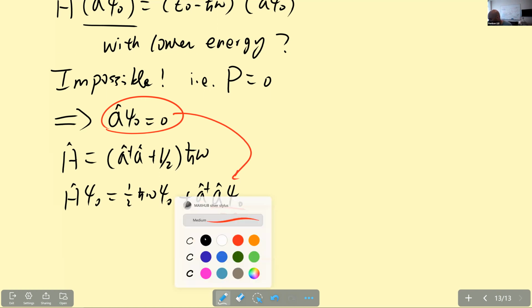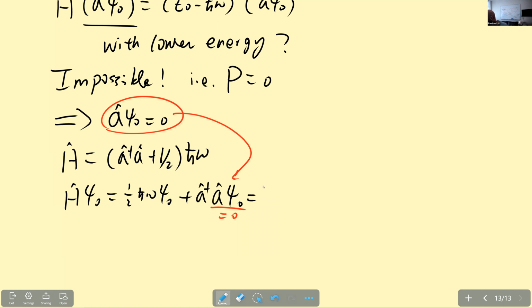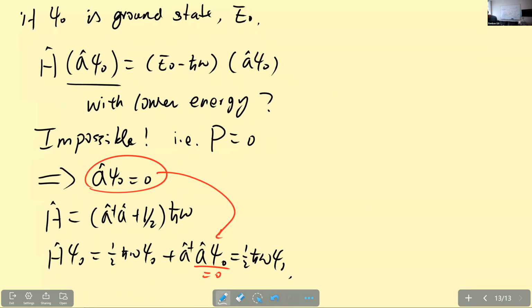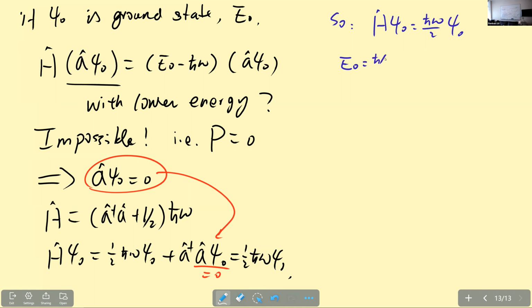So the result is just 1/2 ħω|0⟩. So we obtain the energy. And of course, E_0 equals ħω over 2. And then E_1 will be just 3ħω over 2, and E_2 will be just 5ħω over 2, and so on and so forth.